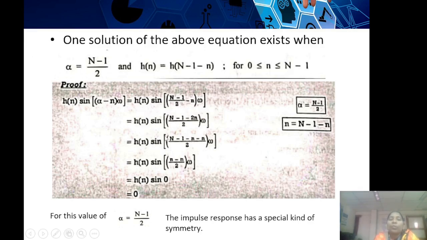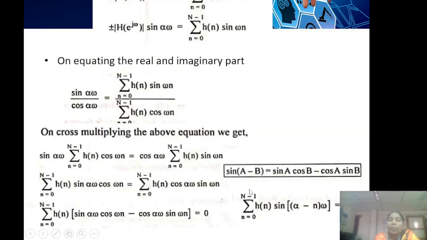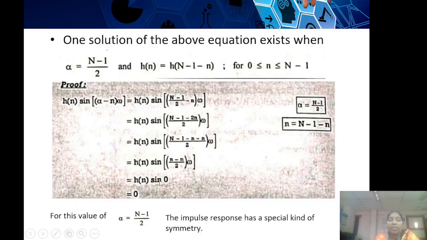Now to prove that, let us take the equation h of n sine of alpha minus n into omega. h of n we have substituted here. Sine alpha, which is N minus 1 by 2, we have substituted here, minus n of omega. Now when you cross multiply by 2 and take the LCM, it will be N minus 1 minus 2n divided by 2.